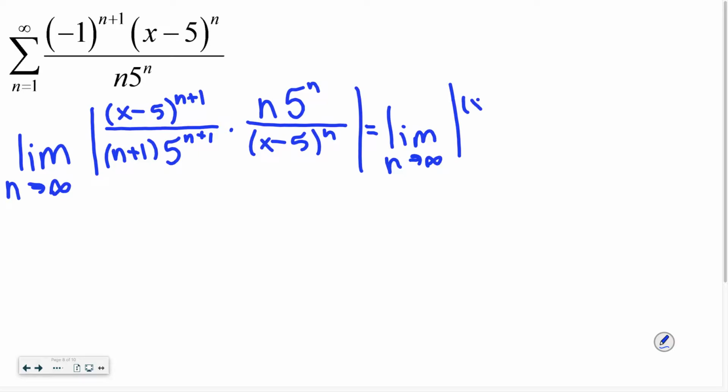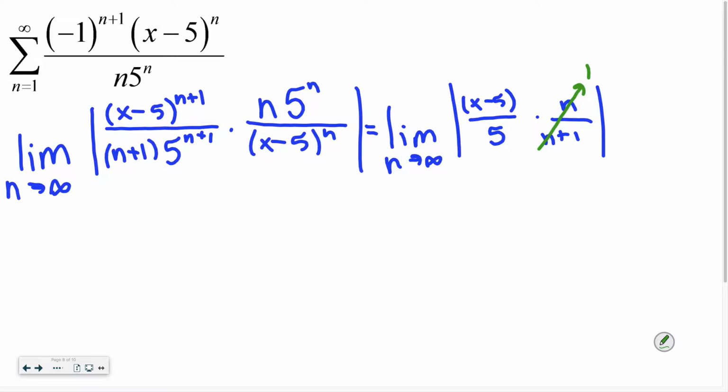So we know we have x minus 5 to the first left over, right? Over 5. The 5 to the n over 5 to the n plus 1 will leave a 5 in the denominator. And we have n over n plus 1, so this guy would go to 1.